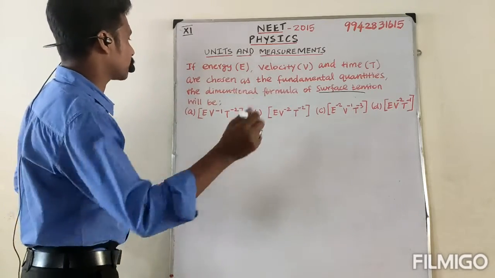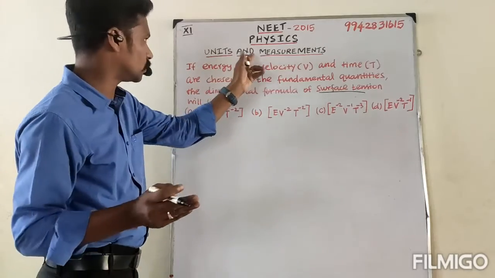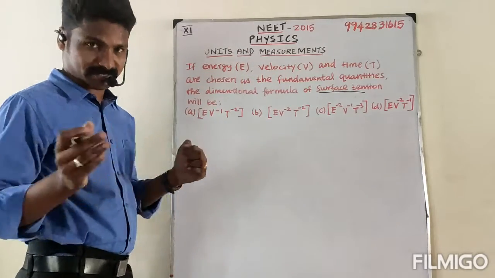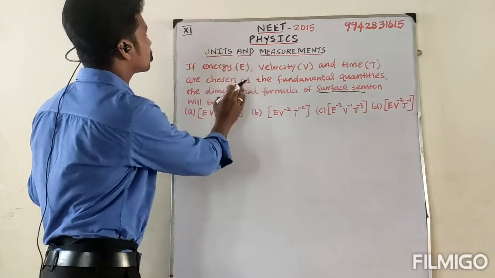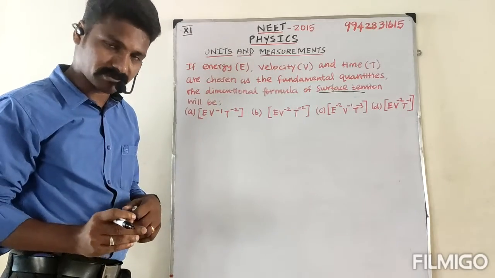Please remember that, students. We don't need that knowledge now, because this is the Units and Measurement chapter. So now we are going to find the surface tension using combinations of energy, velocity and time.